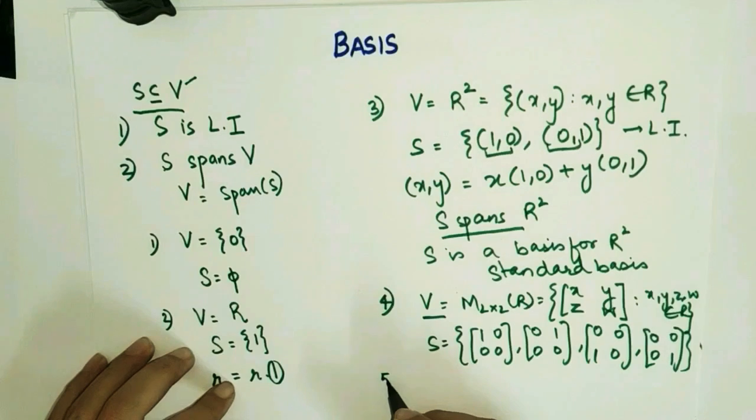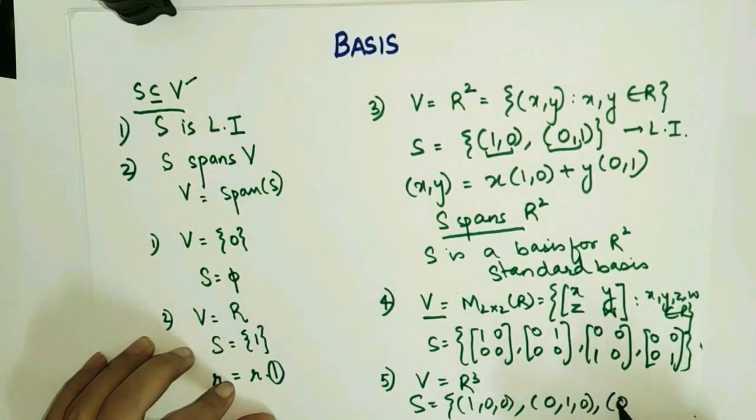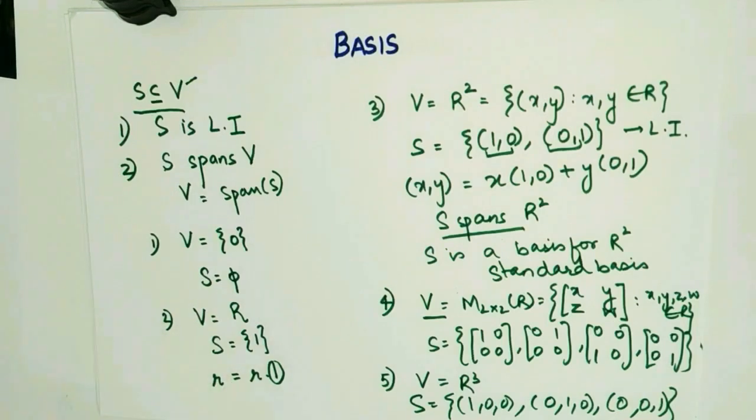Similarly, if I take V to be R3, the standard basis would be (1, 0, 0), (0, 1, 0), (0, 0, 1). So this is my standard basis for R3.